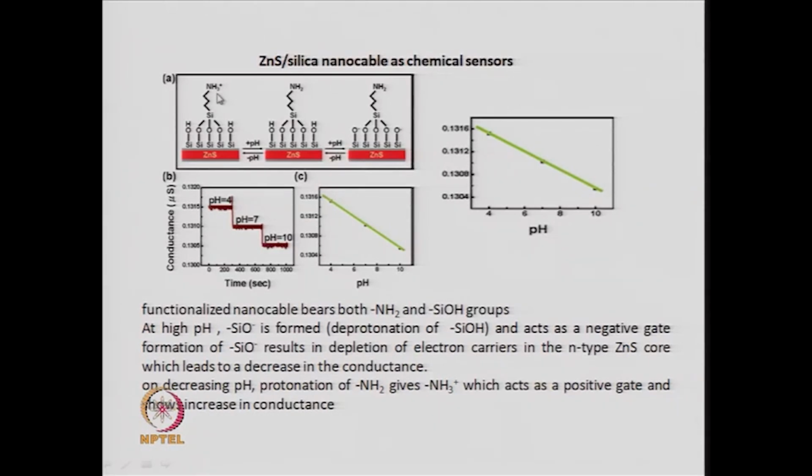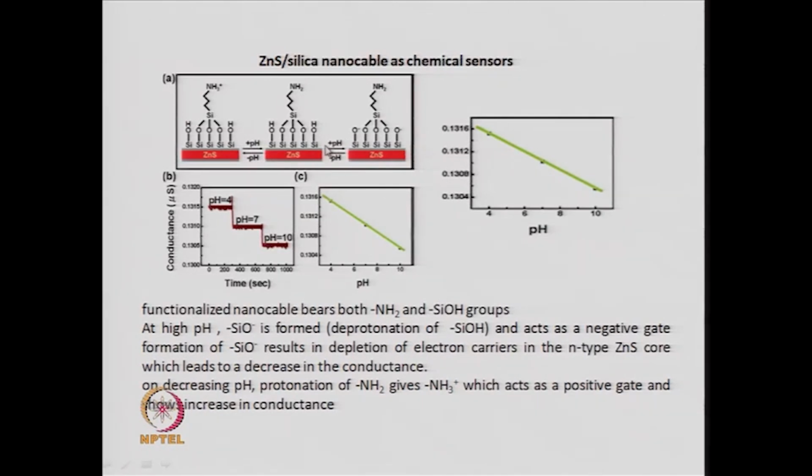Here it is a protonated amine, and when you raise the pH, this proton will be lost and it will become a simple NH2 group. And you have OH groups at some of the silanol sites, which are in the hydroxylated form.